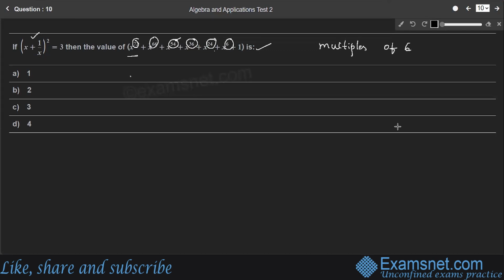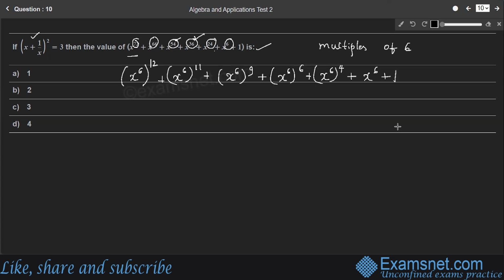That means we can express x raised to 72 as x to the power of 6 whole raised to 12, since 12 into 6 is 72. Similarly, x raised to 66 can be written as x raised to 6 whole raised to 11, plus x raised to 54 can be written as x raised to 6 whole raised to 9, plus x raised to 36 can be written as x raised to 6 whole raised to 6, plus x raised to 6 whole raised to 4, plus x raised to 6 plus 1.